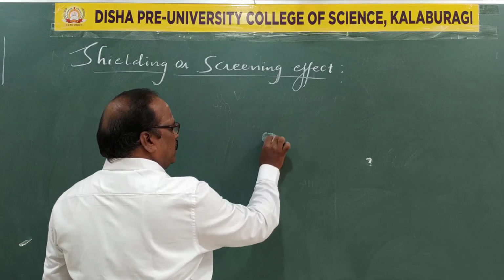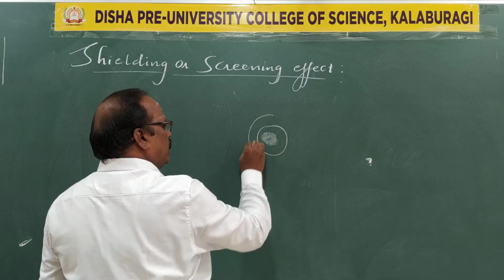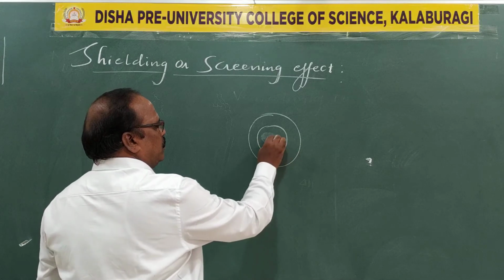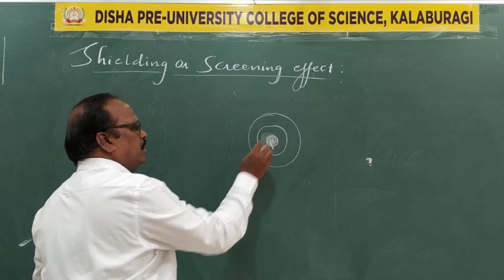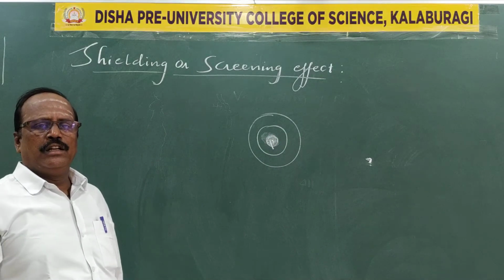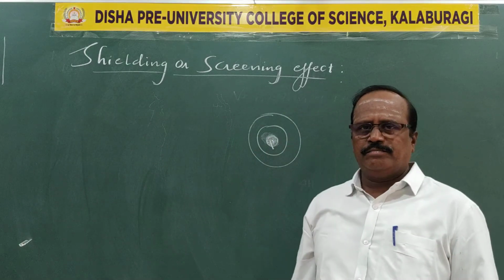Imagine this is the nucleus, and this is the orbit. Here protons are present in the nucleus. Now we are trying to understand the meaning of screening effect or shielding effect.